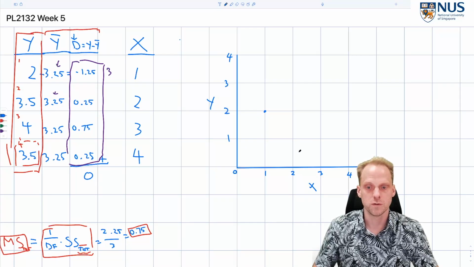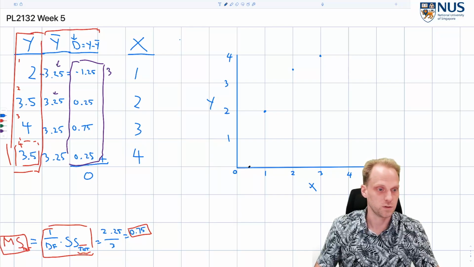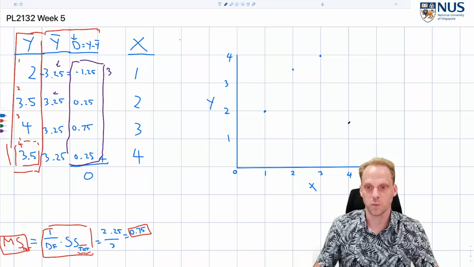For x equals 2, we have the point at 3.5 here. For x equals 3, we have the point at 4 here. And for x equals 4, we again have a point at 3.5 here.